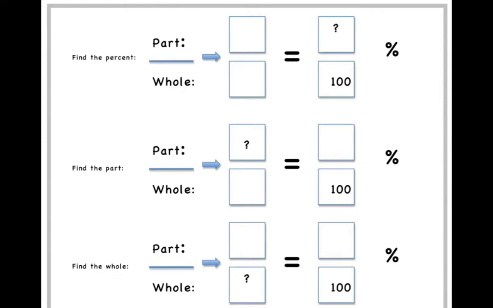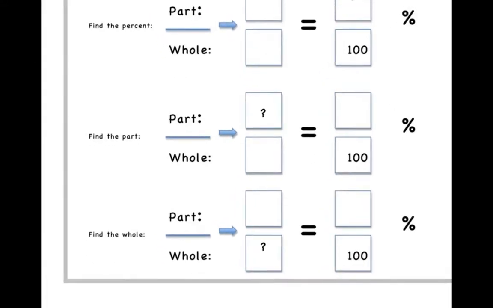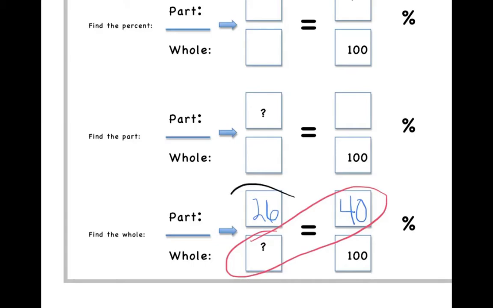40% of what number is 26? Okay, so 40% of what number? If I am asking you what of what number, that means I'm missing the whole. So I'm going to use this one down here. So 40% of one number is 26. Let's put our 40 in the percent spot. We don't know the whole, and the part is 26. We solve using cross products being equal.